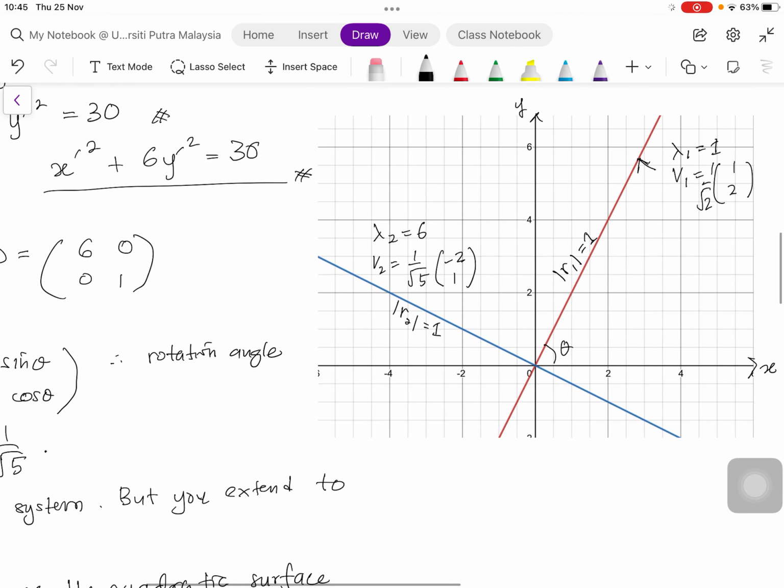In a schematic diagram, if you sketch it properly, you can identify V1, the eigenvector corresponding to the first eigenvalue. Over here I choose eigenvalue 1 as 1 and eigenvalue 2 as 6. Or similarly you can have eigenvalue 1 as 6, with V1, or eigenvalue 2 with V2. They are interchangeable.